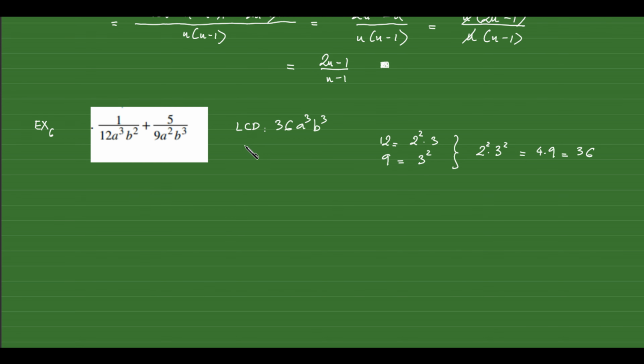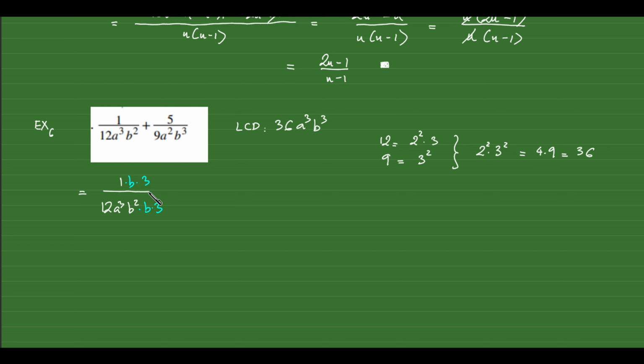Alright, so after you get the LCD, again, you compare it with the denominators, and you see what's missing. For the first fraction, they're missing a b, because it's b squared and the LCD has b cubed. And they're missing the number 3, because the LCD has 36 and this is only 12, so you have to multiply by 3.